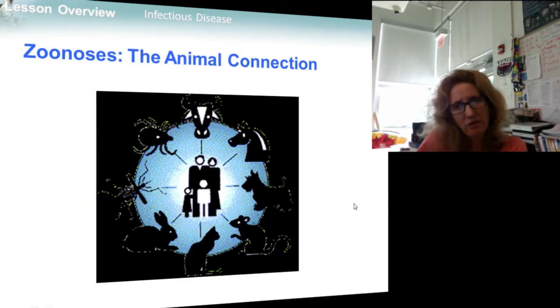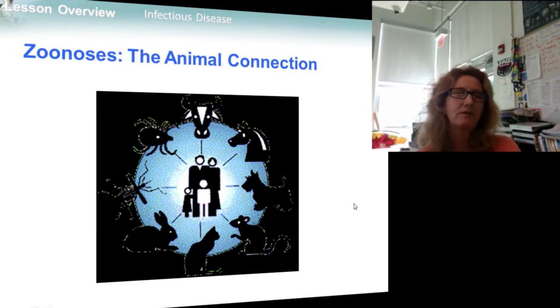Any disease that can be transmitted from animals to humans is called a zoonosis. Mad cow disease, severe acute respiratory syndrome like SARS, West Nile virus, Lyme disease, Ebola, and bird flu are all types of zoonoses. Sometimes an animal carries or transfers zoonotic diseases from an animal host to a human host.